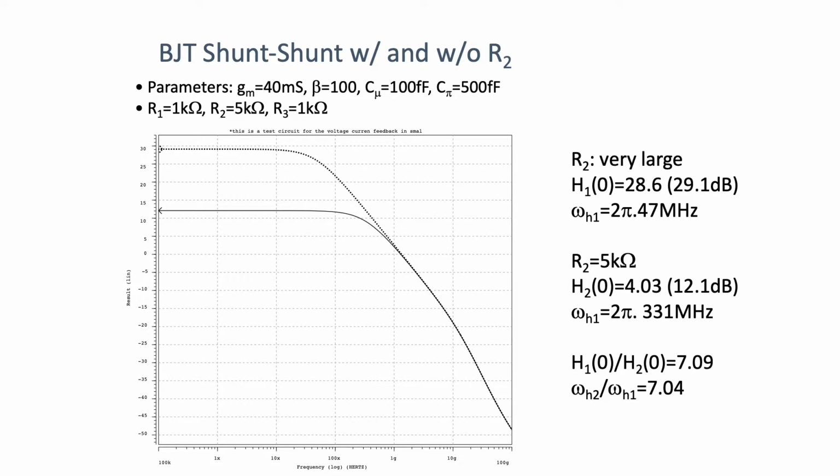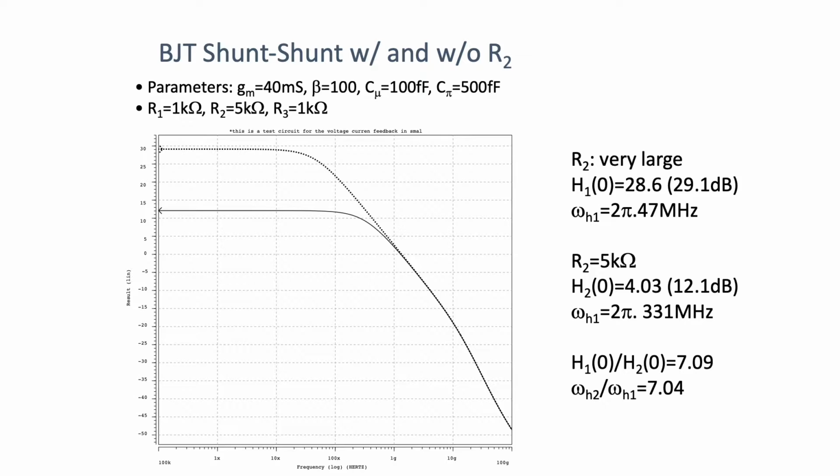Now, when you close the loop, when you add the R2, the voltage gain has gone to 4, which is about 12 dB, and a bandwidth of 330 megahertz.